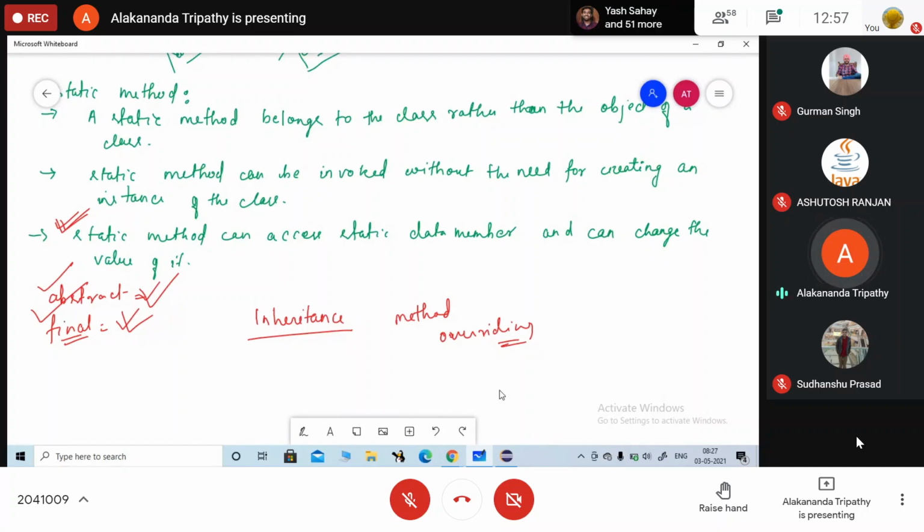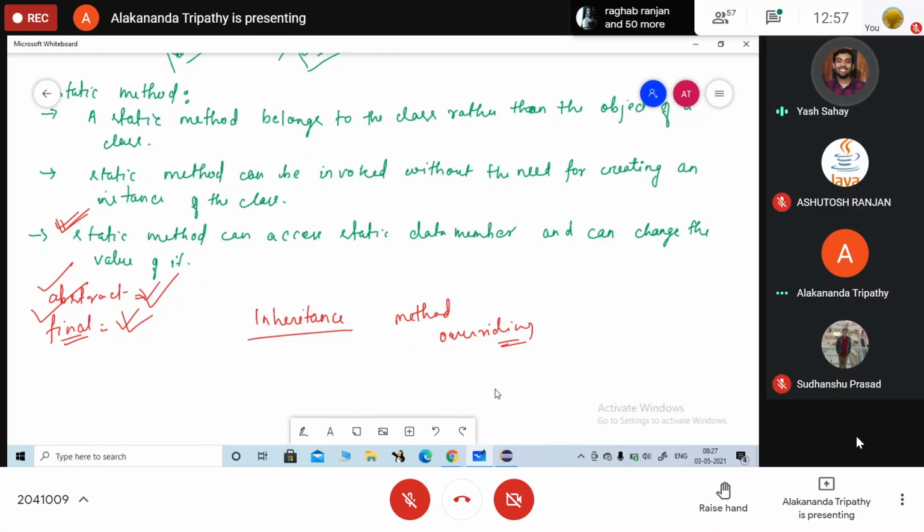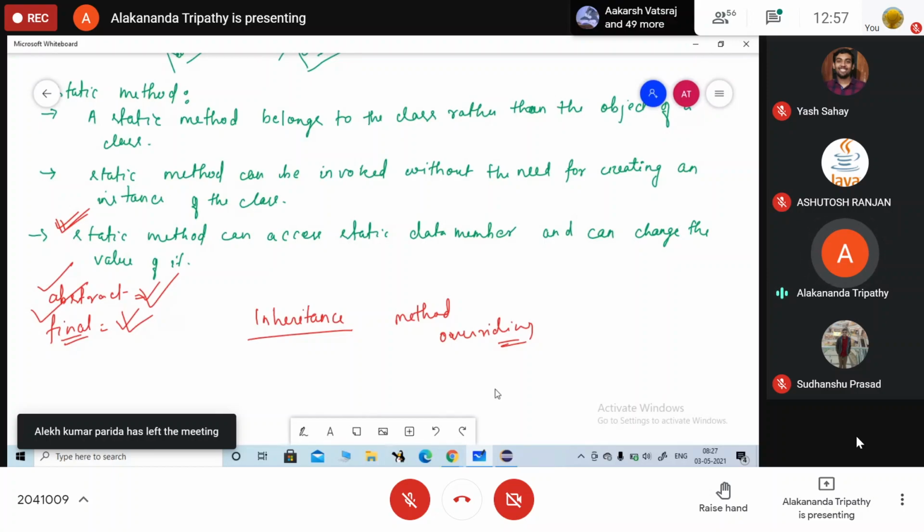So what do you mean by inheritance? Anyone? Inheriting the property of some other class. Inheriting the properties of some other class is known as your inheritance. Okay, how many types of inheritance are there? Anyone having any idea?